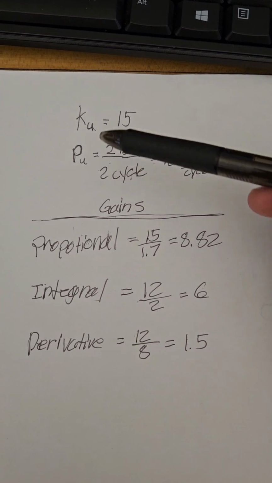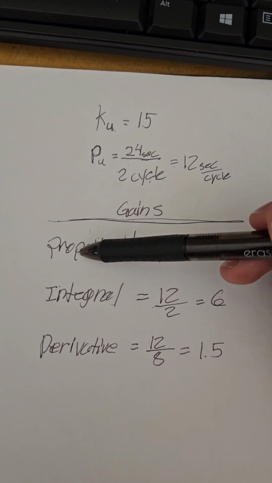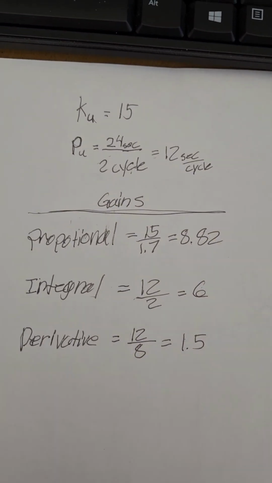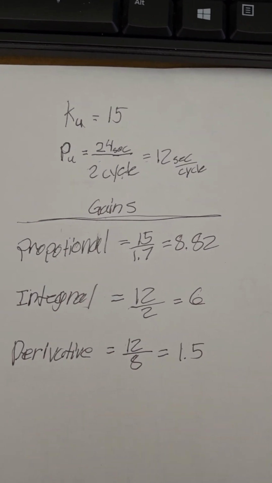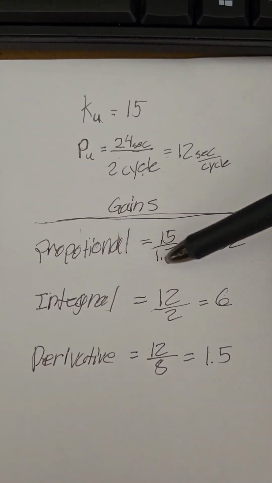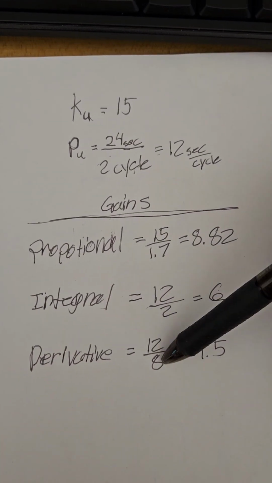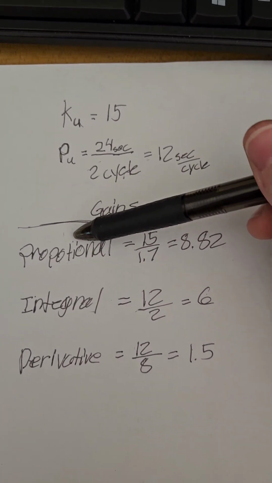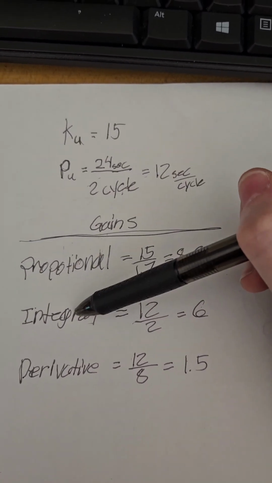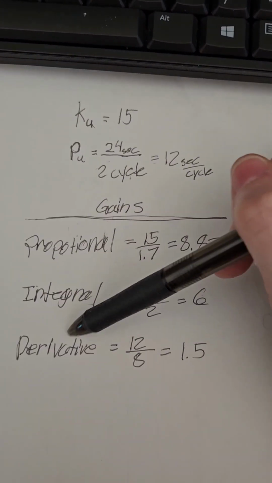And to actually determine our proportional, integral, and derivative gains, we had to look at Nichols' little chart and divide it by the appropriate numbers based on if we're using only proportional, or proportional integral, or all 3.